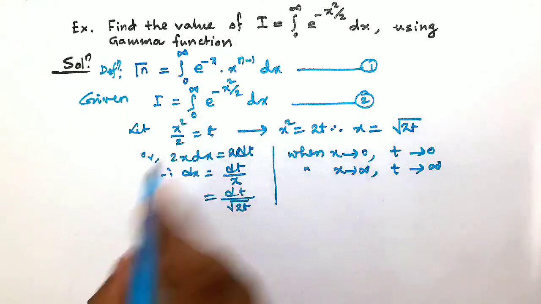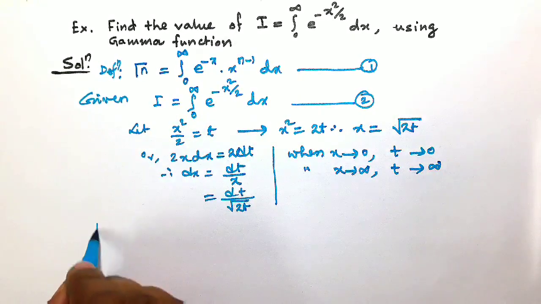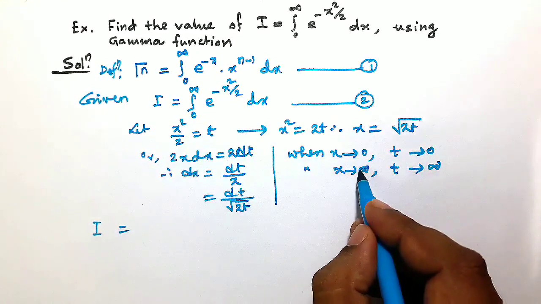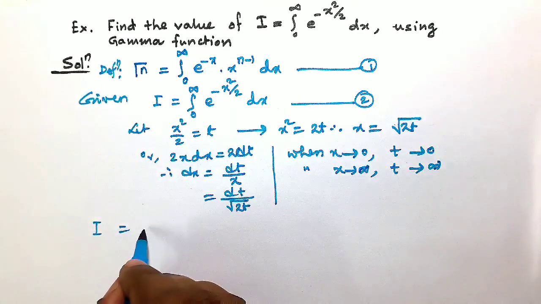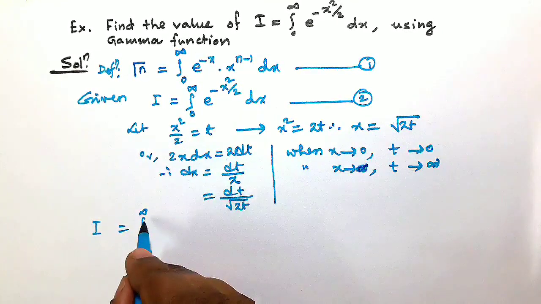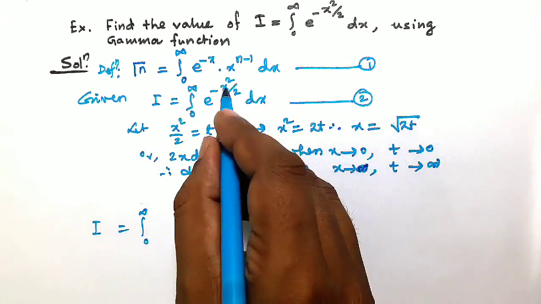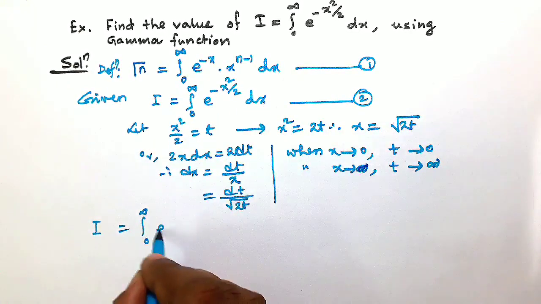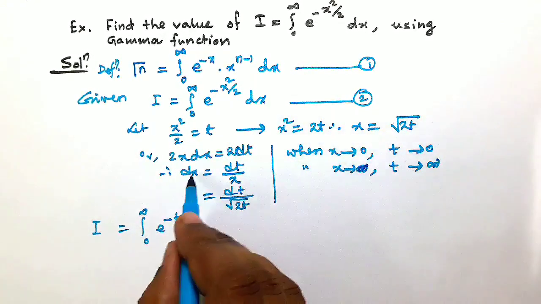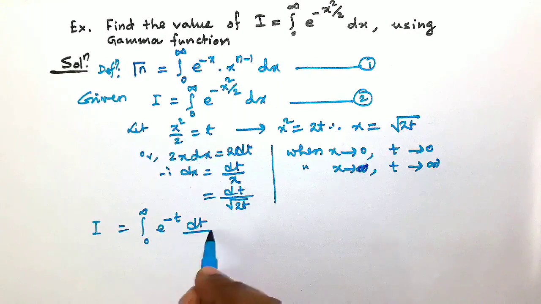So friends, our integral is this one. Integration 0 to infinity, here also 0 to infinity. So 0 to infinity e to the power minus x square by 2 dx. e to the power minus x square by 2 is equal to t, dx is equal to dt by root over 2t.